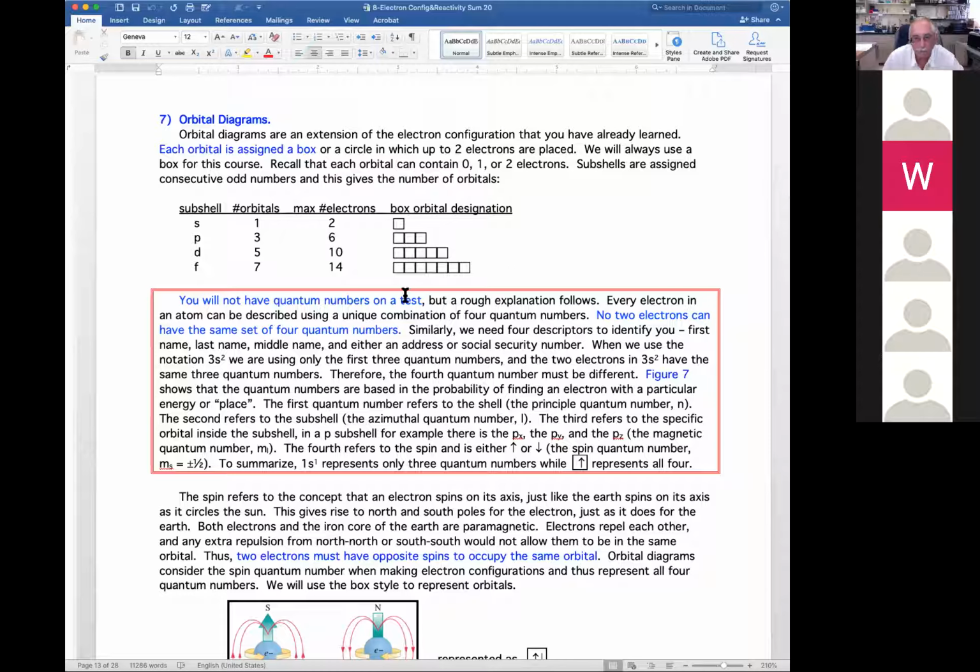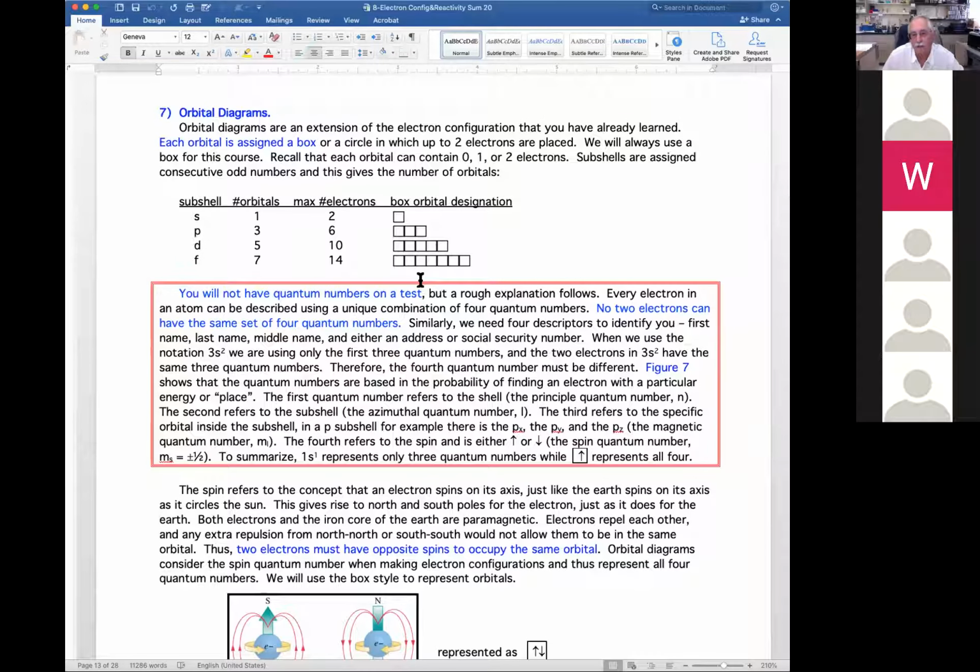So if I say that there's 4f3 and I draw this and I put 1, 2, 3 electrons in there, that means that they could be the upspin or the downspin in either case. But that's still taking advantage of only the 3 quantum numbers. The fourth quantum number is, is it spinning in the up position or the down position?